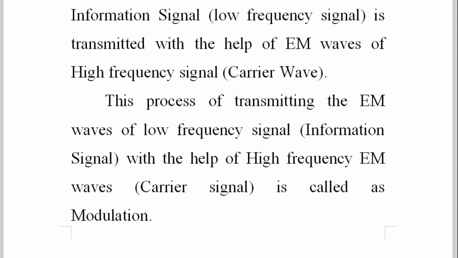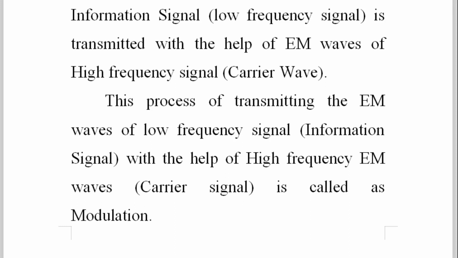So in short, modulation is a must because effective transmission of information is done if and only if the size of antenna is equal to the wavelength lambda of the information signal, the electromagnetic waves, and the information signal is always a low frequency signal.